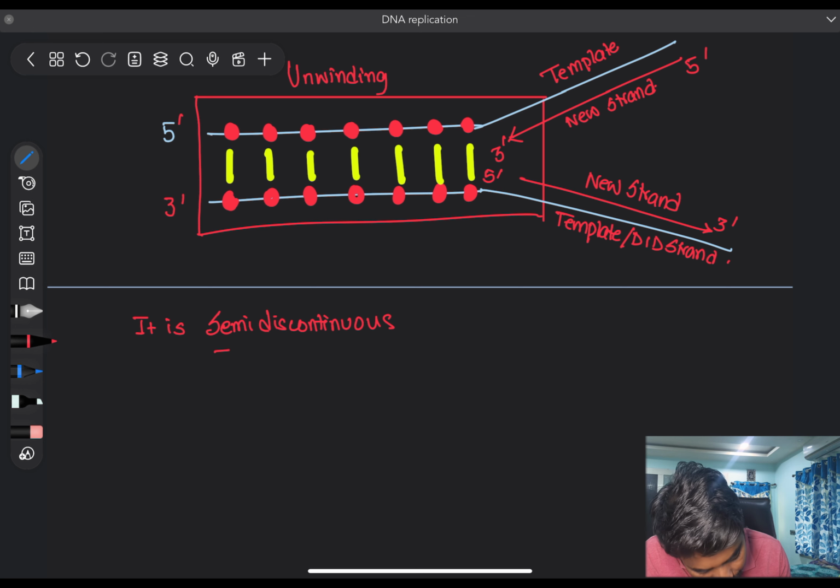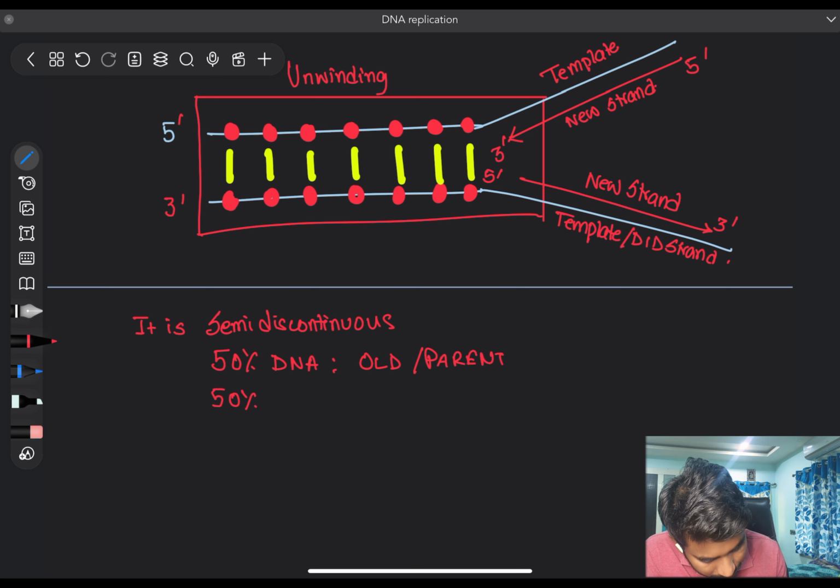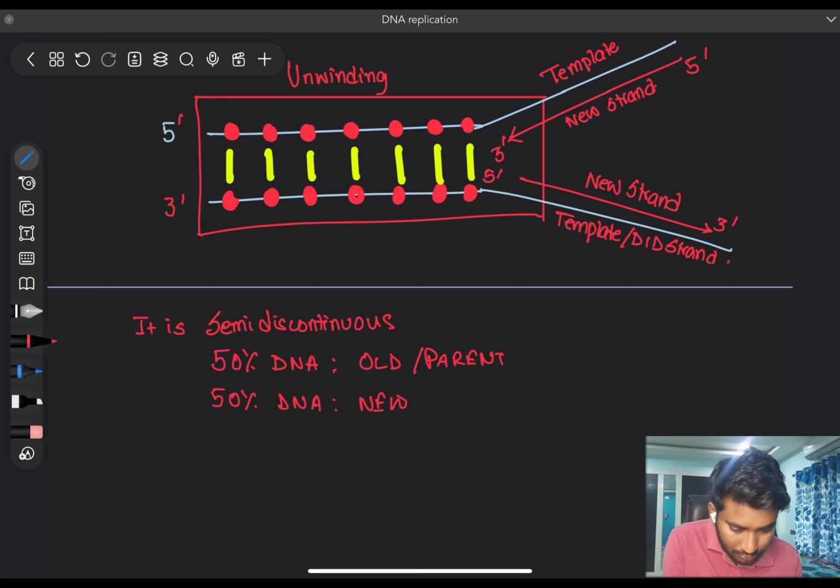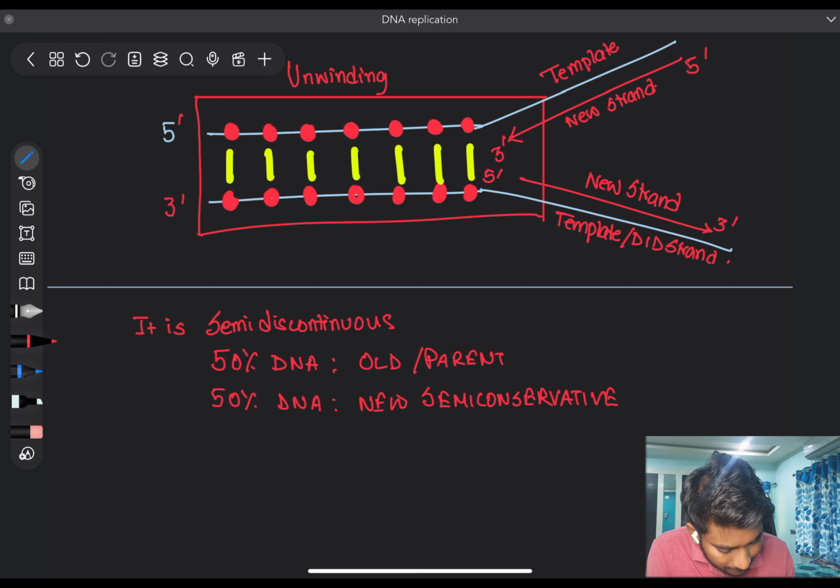Okay, so 50% DNA is old, the parent, and 50% DNA is new, that is semi conservative. Got it? Okay, now what happens?